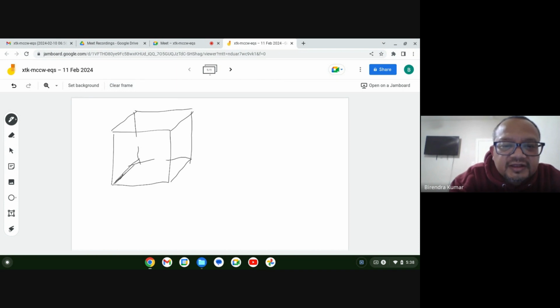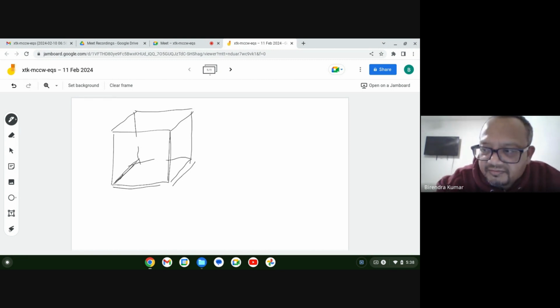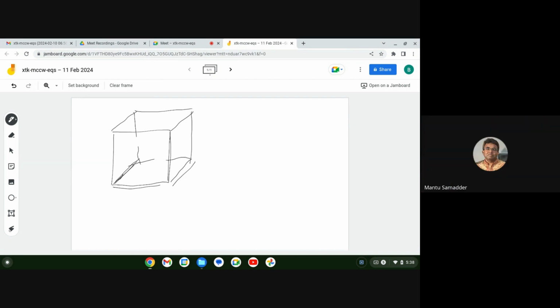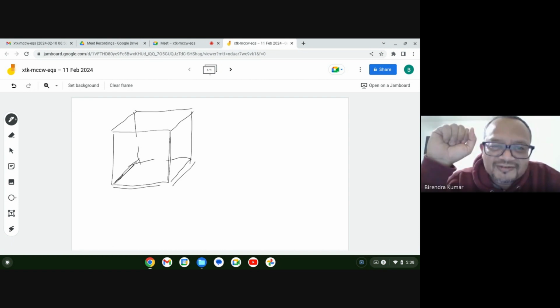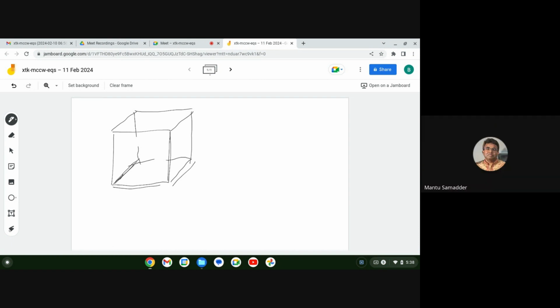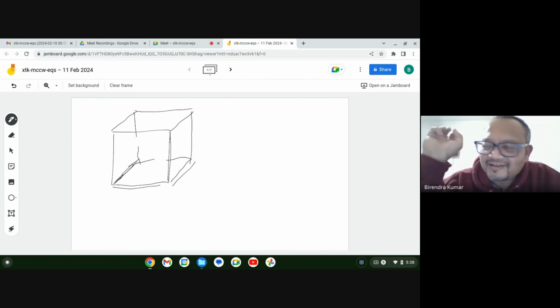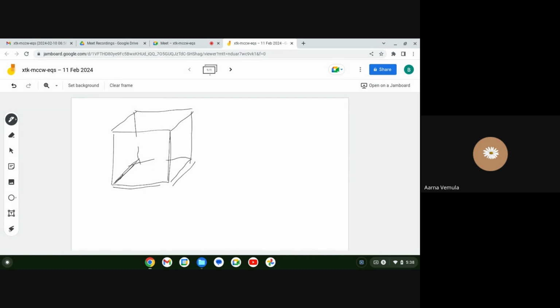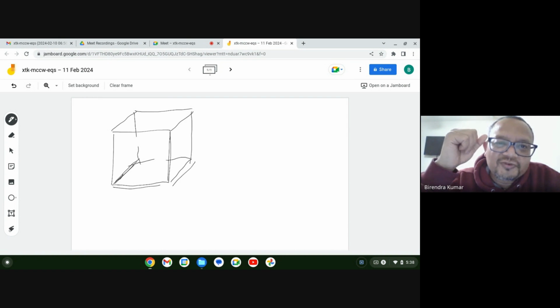Now look at this cube. Why is it called a cube? Because length, width, and height are all the same. Have you guys seen a dice? Have you played Ludo before?